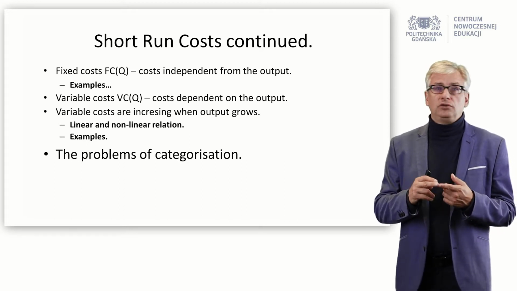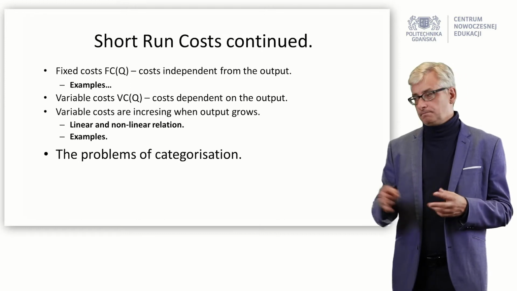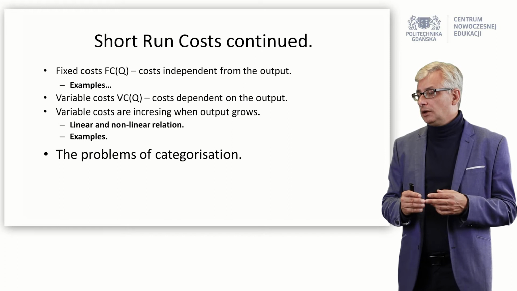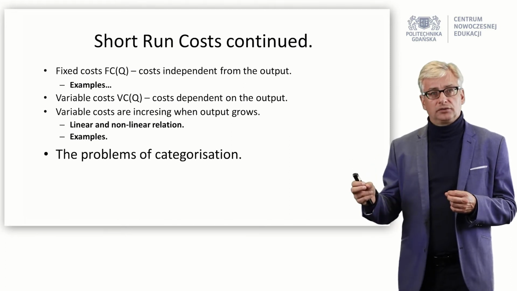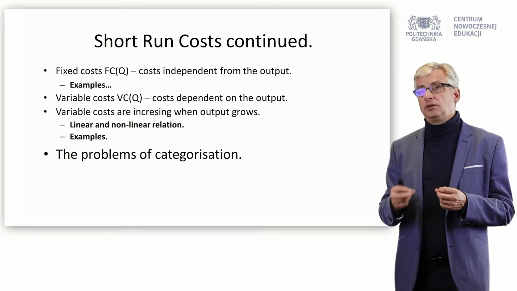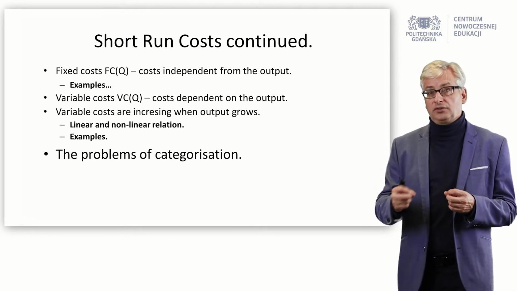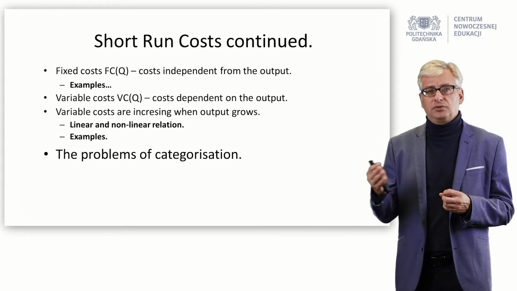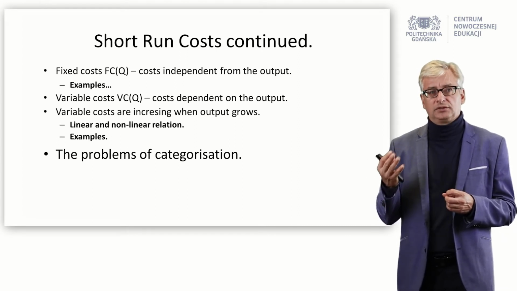Your insurance against fire. Doesn't matter whether you produce or not, you pay it. If you lease a few cars, the leasing company wants their money every month, depending on the number of cars that you lease, but it doesn't matter how much you produce or not. So these are fixed costs.